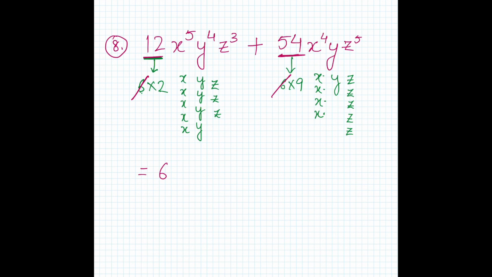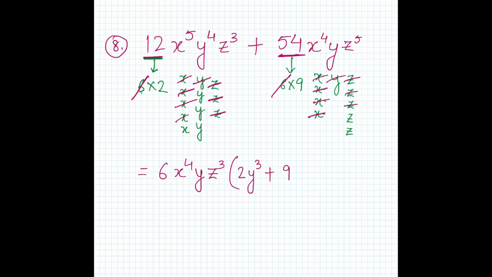Then we have x, so we can have 1, 2, 3, 4, x to the power of 4 common, and then y is only 1, so we have 1y common, and we have 1, 2, 3, z cube common. Now we will see what is left. So we are left with 2, and then we are left with y cube plus 9, and then on this side second term we have z squared.